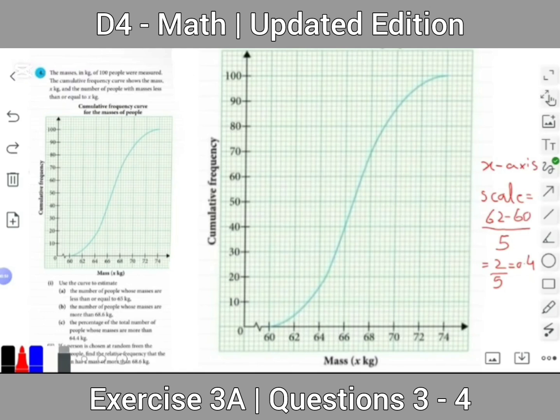Now the scale for the y-axis. We subtract 0 from 10 and divide by the number of squares between 0 and 10, that is 5. So 10 over 5 will be equal to 2. So each square on the y-axis is equal to 2 units, and each square on the x-axis is equal to 0.4 units.